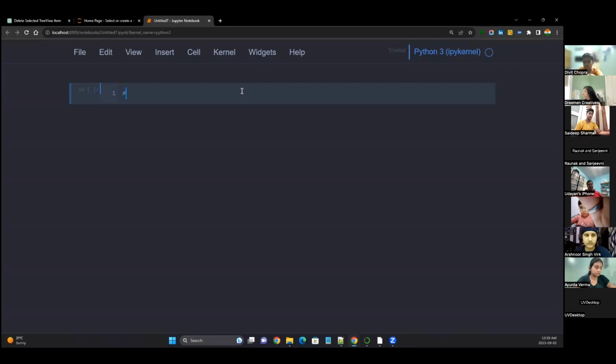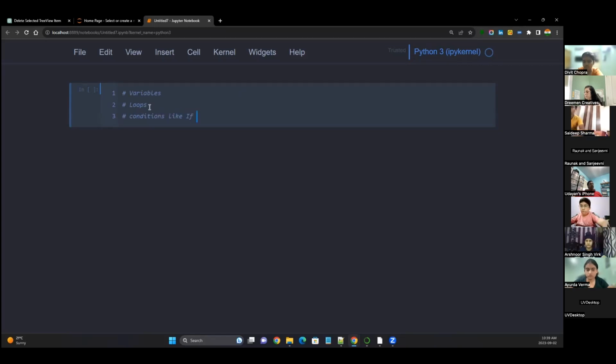So we have, let me write down, variables, loops, and conditions. Actually these are statements, condition statements, like for. We can talk about everything, but gradually, let's not overwhelm ourselves with every possible construct.